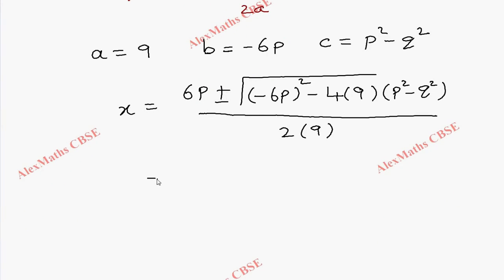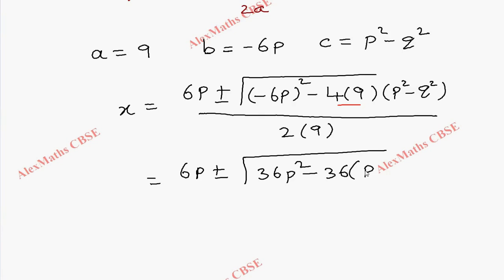Now here this is 6p plus or minus root of minus 6p whole square becomes 36p square, and by multiplying these two numbers we get 36, that is minus 36. Then we have p square minus q square. Everything is inside the square root. Then whole divided by the denominator, it is 18.